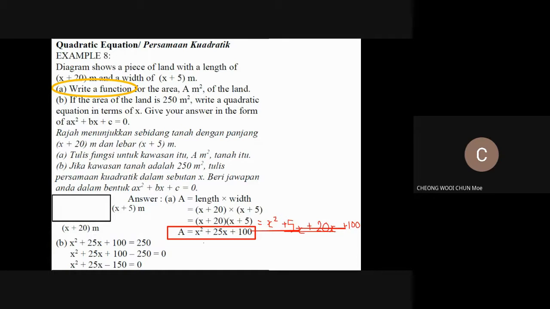So x squared plus 25x plus 100. Okay, so this is the function, the area of the land.